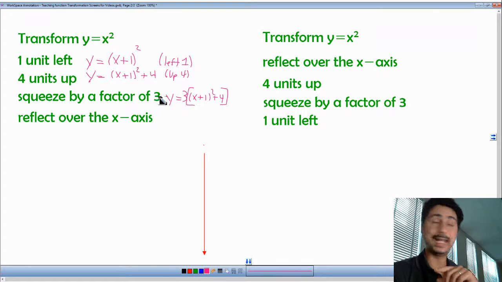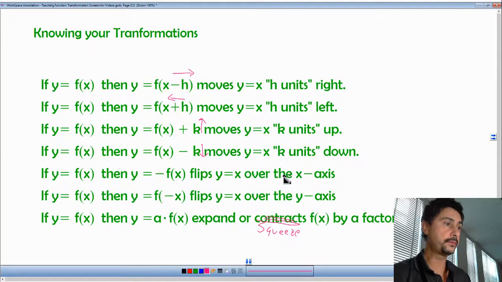Because if this 3 had happened way before, the 3 would have been on the inside of this big parenthesis. Pardon me. But because it happens at this point, it's 3 times the entire thing. All right? And now the last part says reflect over the x-axis. So I go looking for reflect over x-axis, and I see that they want the minus sign in front of what we did before.